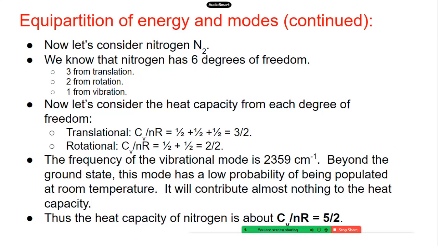You can also calculate the probability of this vibrational mode being populated. You'll also find it's about 0. So the heat capacity of nitrogen, CV over NR, is about 3/2 plus 2/2 plus 0, which is 5/2. You have to add all the contributions of the heat capacity together.